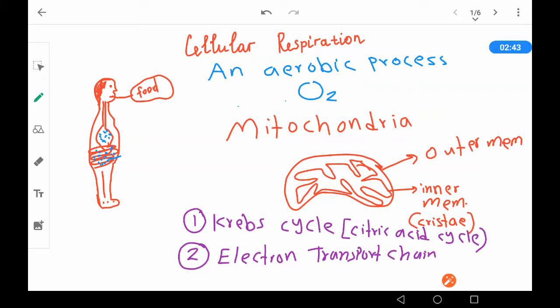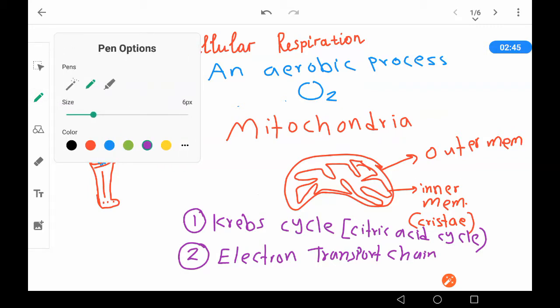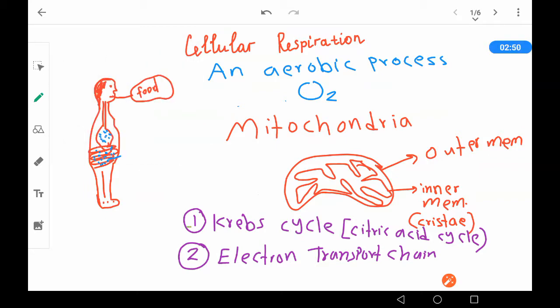The most important point about these two processes is that the Krebs cycle takes place inside the matrix of mitochondria. This is the fluid part of the mitochondria. This space we call the matrix, as I am writing in green color and drawing it.